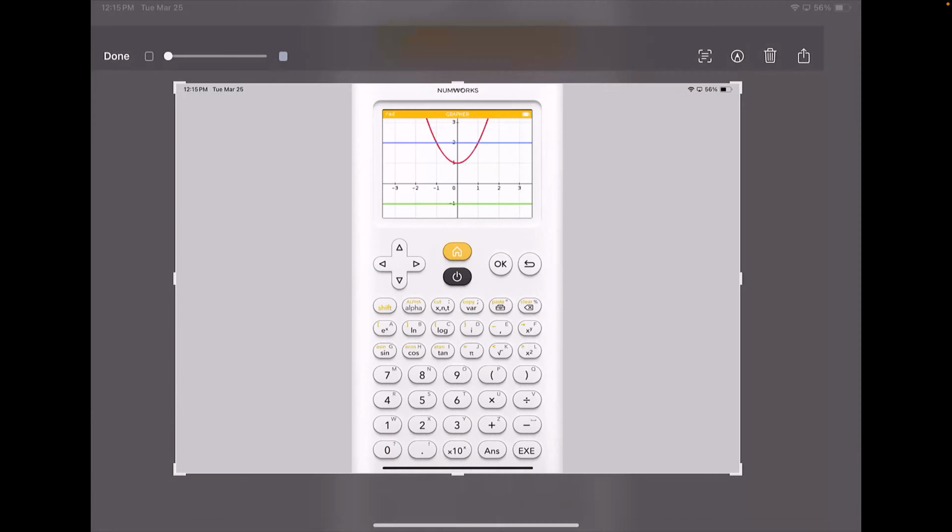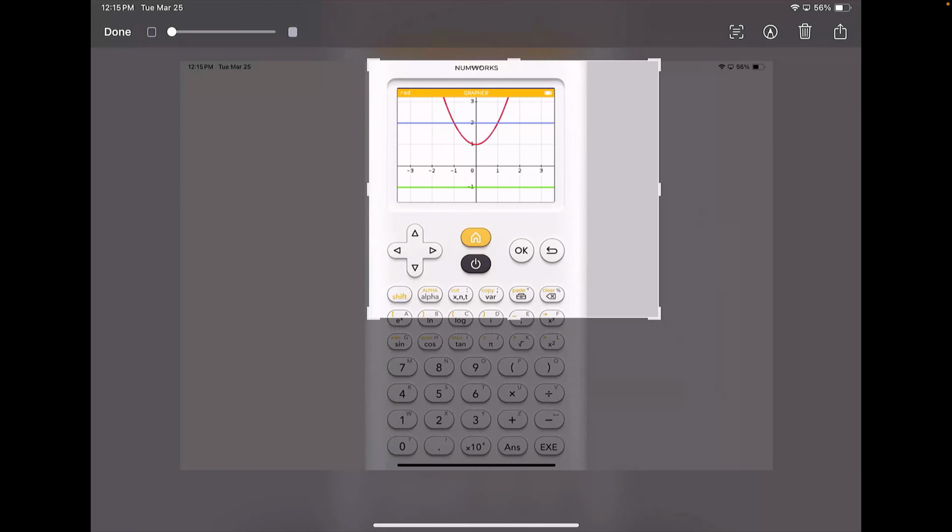Okay, so there's 3 graphs on this particular graph, just like the last one.